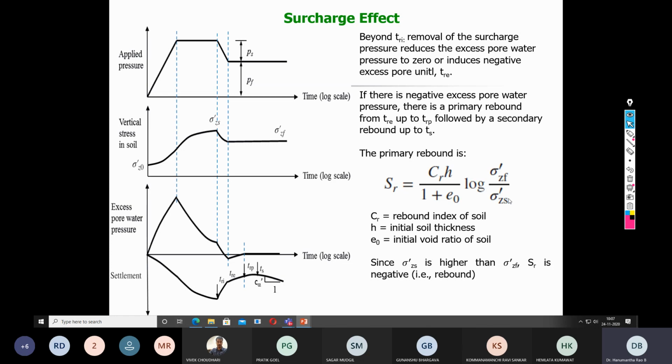But since you are dealing with surcharge loading conditions here, we can embed those changes in order to calculate the rebound settlement SR, using this simple equation.